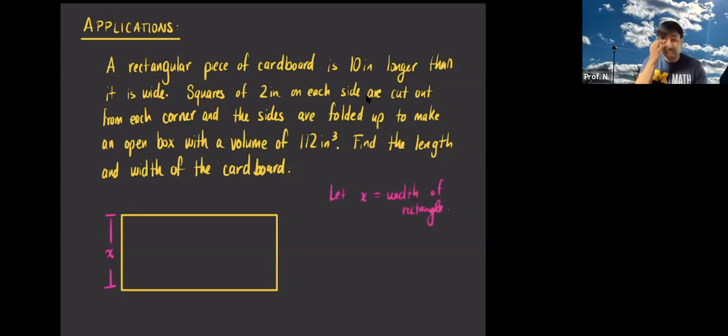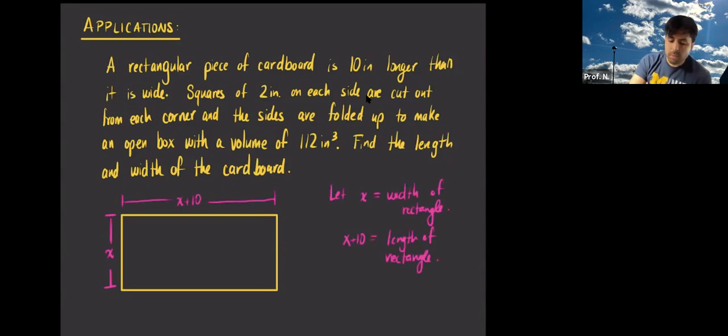And then I know that the length is 10 inches longer. So whatever the width is, the length will be x plus 10. It doesn't really matter, but just to make sure, x plus 10 is 10 more than the width. So x plus 10 is the length of the rectangle.